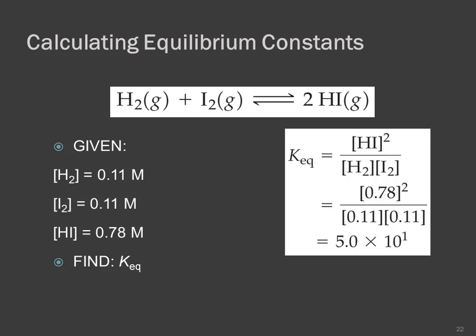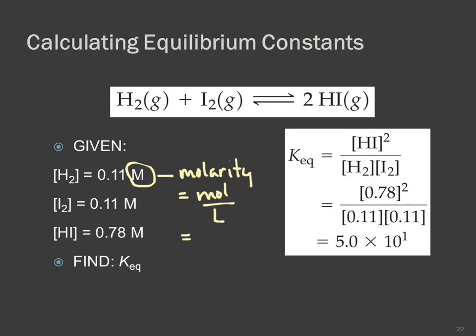So how do we calculate an equilibrium constant? Okay, so first of all, let's talk about what is this M business. We haven't gotten to that. That's molarity. It means moles per liter.